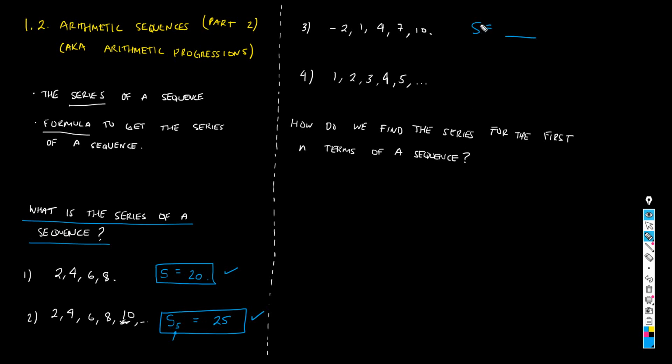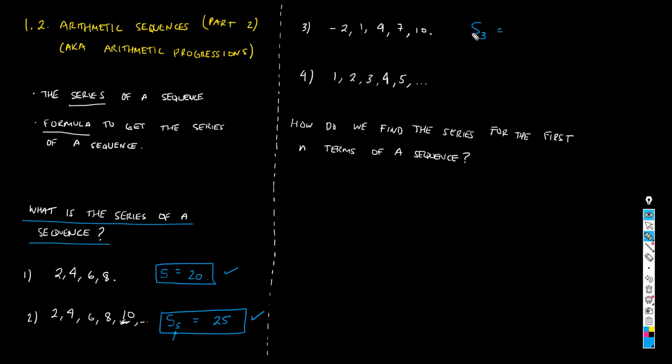Like the whole series, just the S means all of the terms that comprise the sequence, all of them. But I can also do this, just a small number of them. Maybe I want just to find the sum of the first 3 terms. So I would write this, S3.